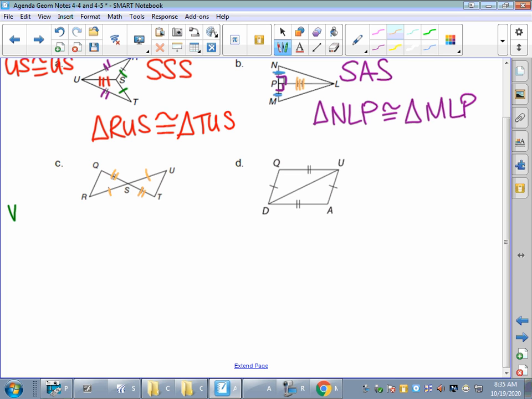Think about vertical angles, right? This angle at S is a vertical angle to this angle at S. Those guys have to be congruent to each other. Those angles at S are the included angles between the sides that are marked. So this would be side angle side.